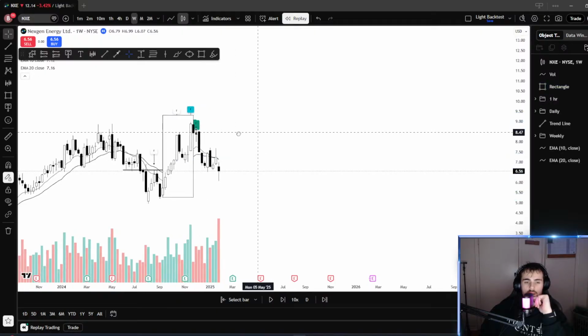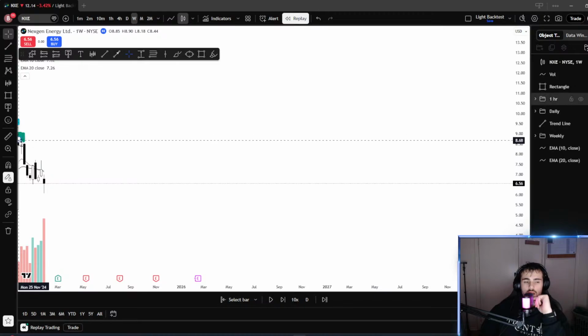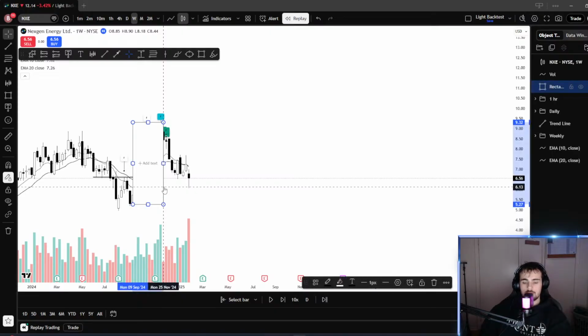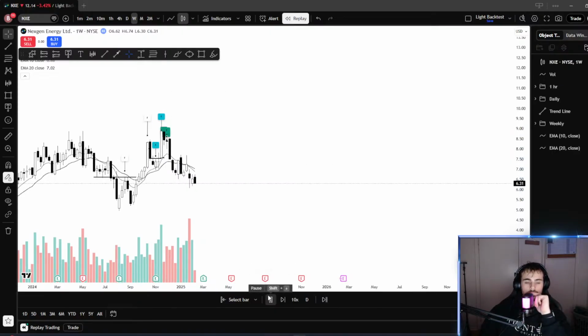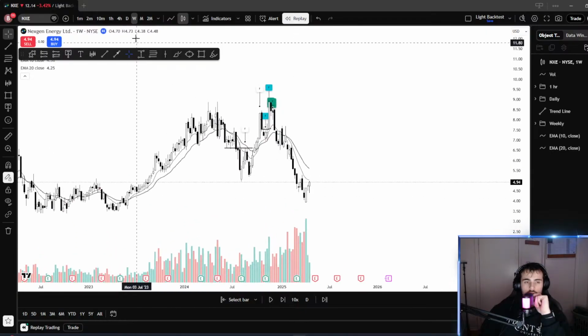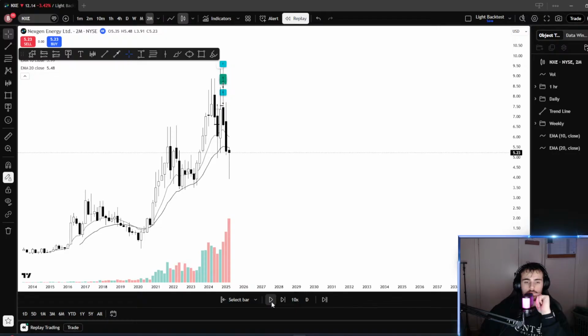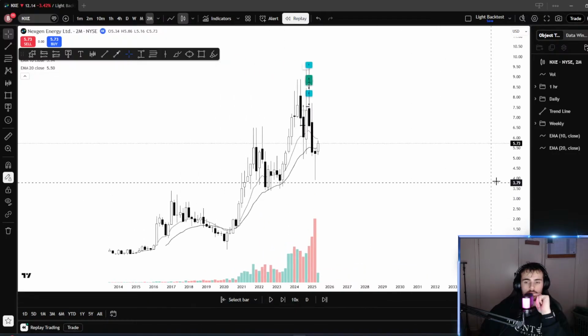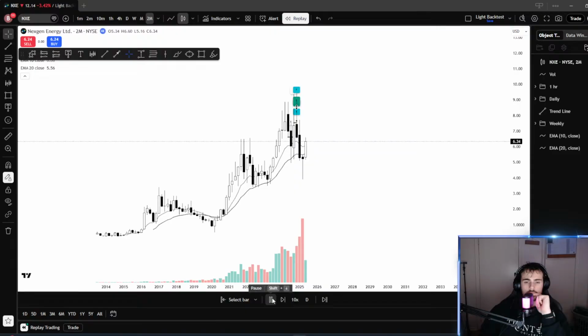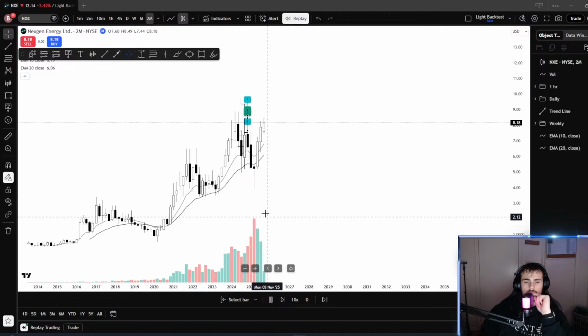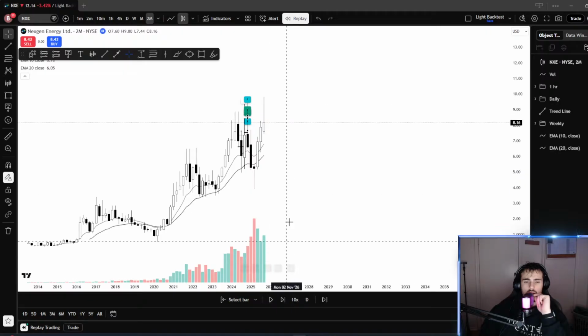Now on this side, if I just go here, it's making big impulses downwards. So why would I trade long? Okay, this market looks like it falls off even more. Don't really see anything worth trading yet.